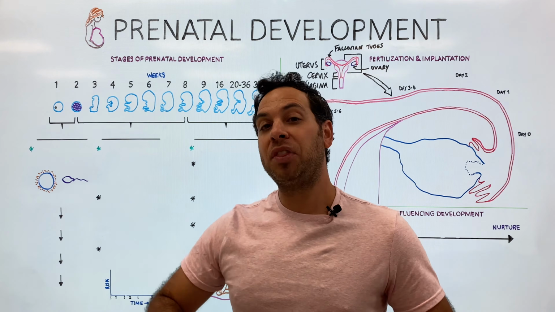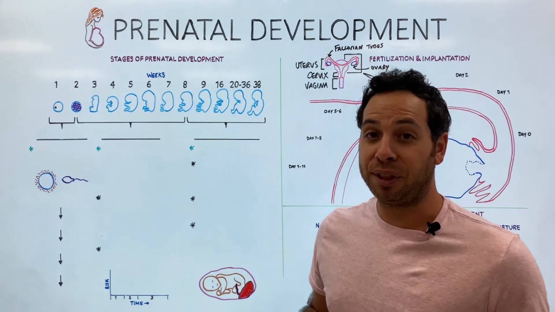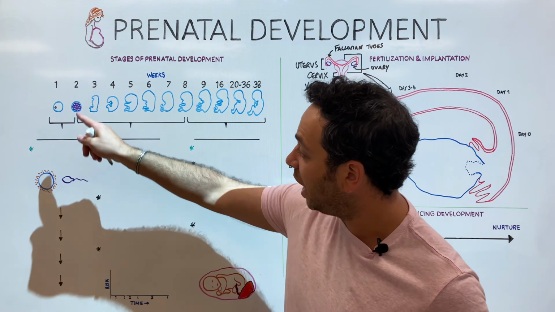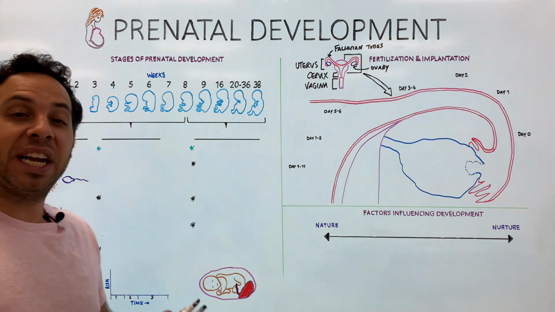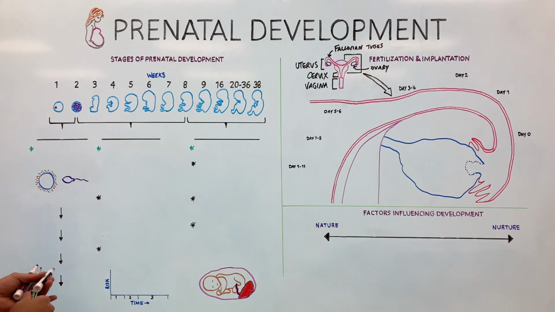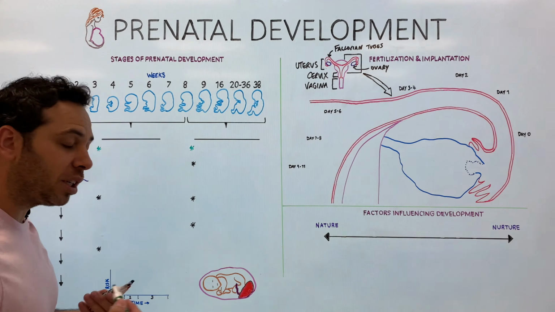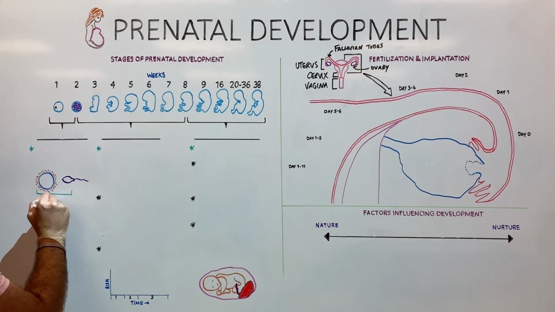Now, what about the major cells or reproductive cells that are vital to create life in the first place? And that's what we have right over here, and we'll talk about why it's sitting over here in a moment. Now, there are 2 main reproductive sex cells needed to create life. What's important to know is that these structures together have a name. Any reproductive sex cells is something that we call gametes, okay?